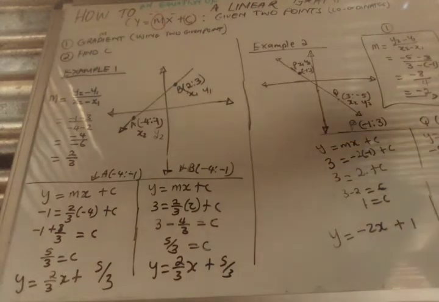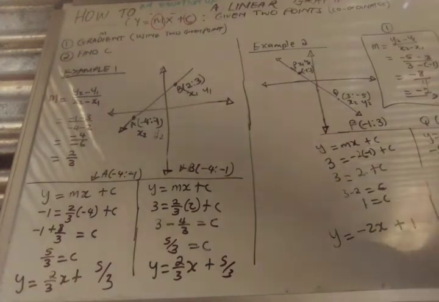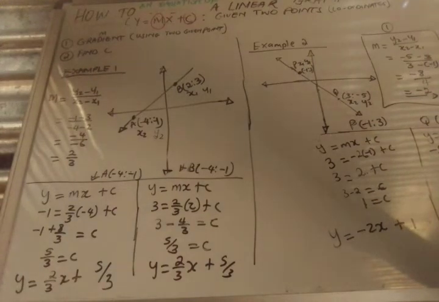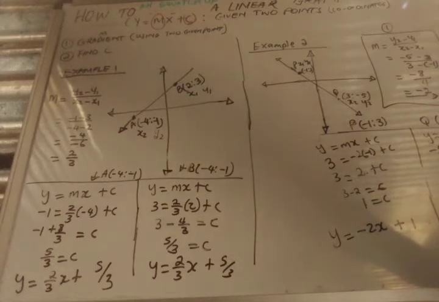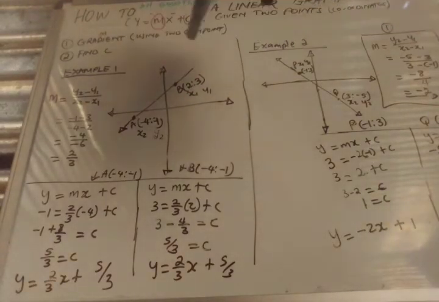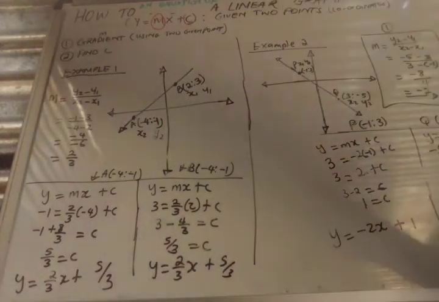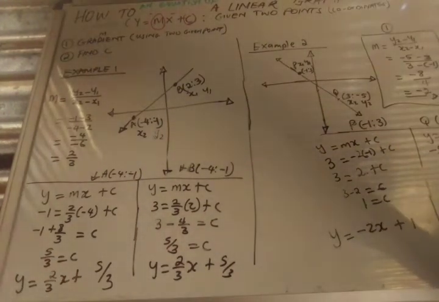So the first thing that we're going to do is to find the gradient. Now the gradient is given by m equals y2 minus y1 over x2 minus x1. So what you need to do is label your two sets of coordinates that are given.